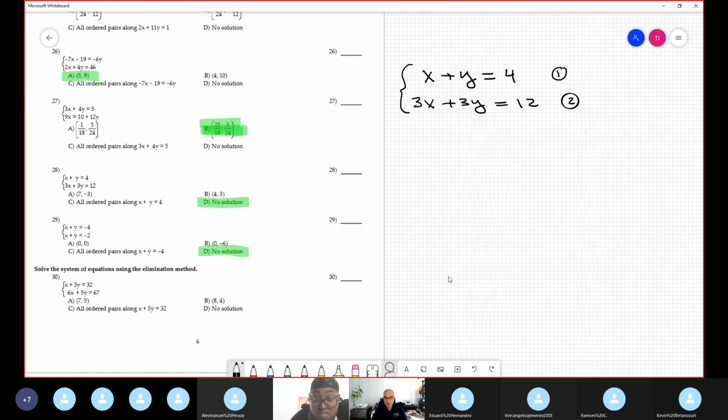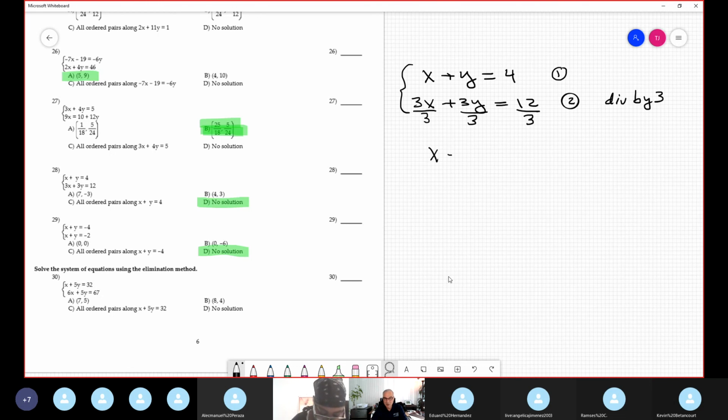In the second equation, the coefficients 3, 3, and 12 are multiples of 3, so you divide the whole thing by 3, because it's redundant. Let's divide by 3.